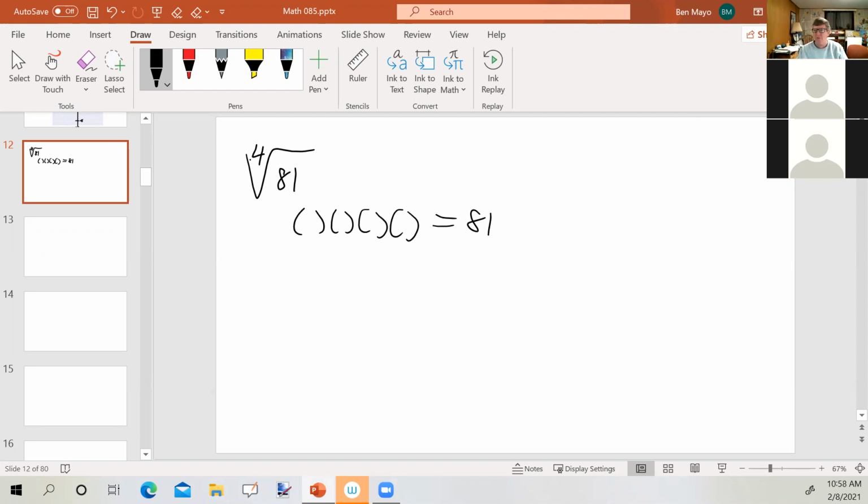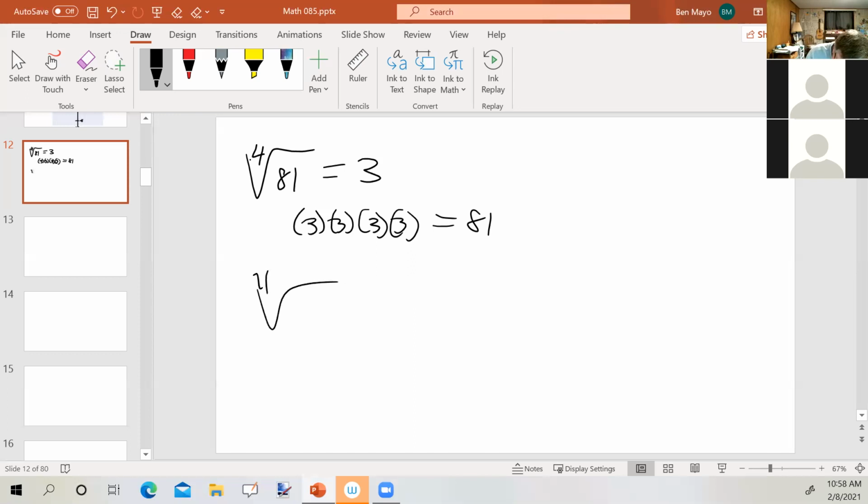Well, what's 1 times 1 times 1 times 1? That's 1. How about 2 times 2 times 2 times 2? 2 times 2 is 4, times 2 is 8, times 2 is 16. How about 3? 3 times 3 is 9, times another 3 is 27, times a fourth 3. There's your 81. So the fourth root of 81 is 3.